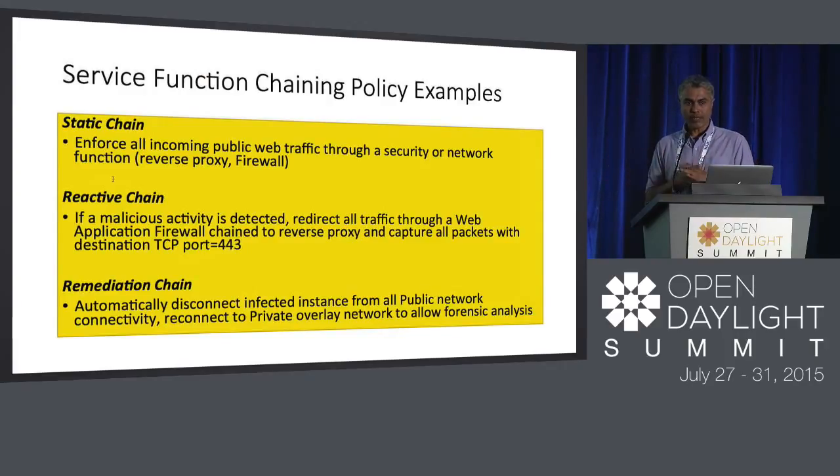That's my main need. But if a malicious activity is detected, so something happens, and I have defined what that if condition is, then I want to redirect all the traffic, in addition to those two, to another new service function. Maybe it's not a service function, maybe it's another need on the device itself.